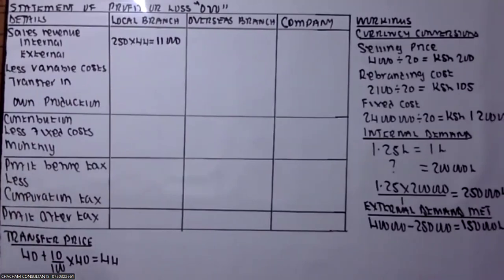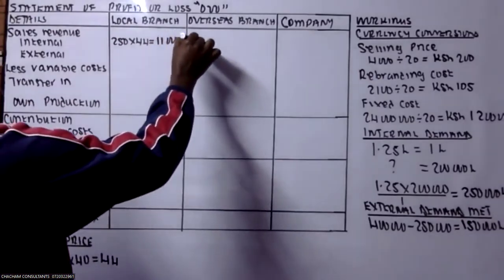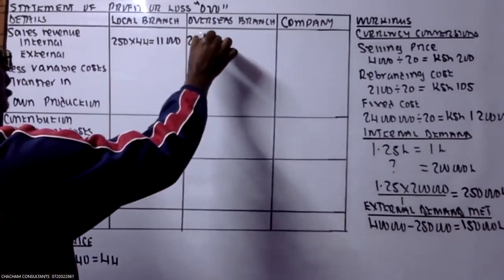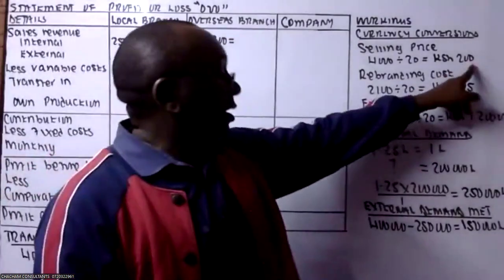Then how about overseas? Their sales are 200. They are selling 200 and their selling price is 200.